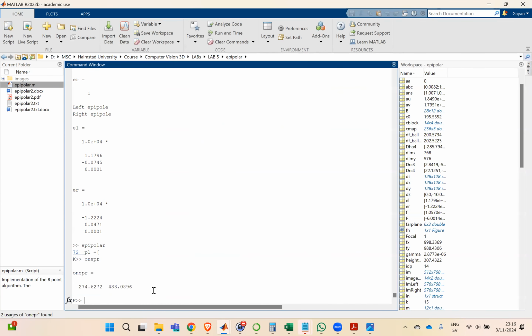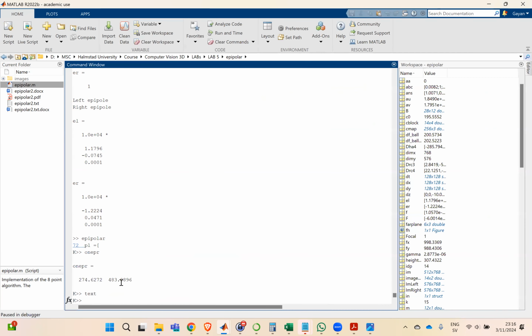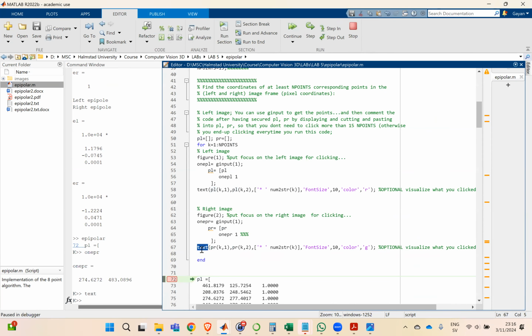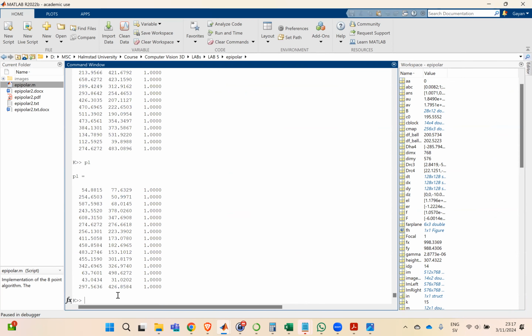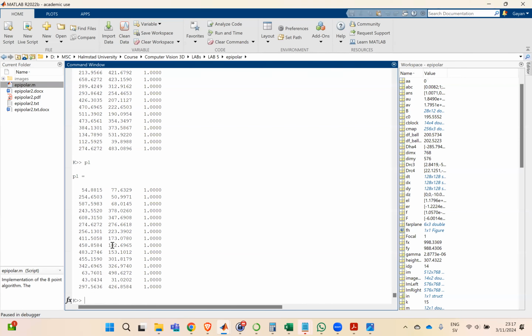No, I guess these values are appended to something. I think it's a text. Yeah, PR and PL. Okay. So we got these points in PR and PL, these two variables.